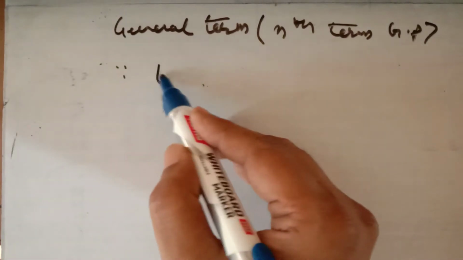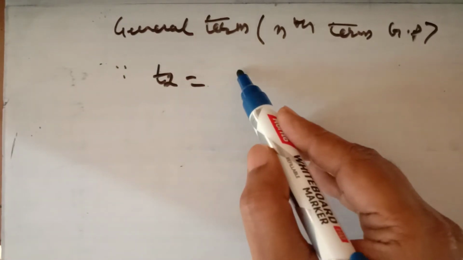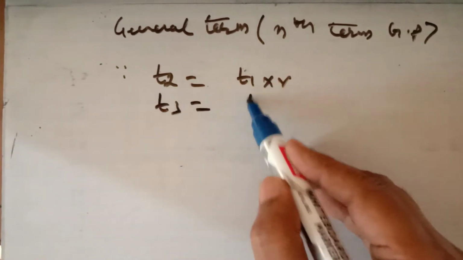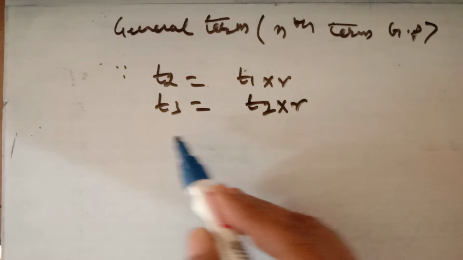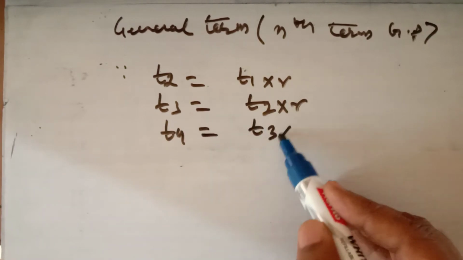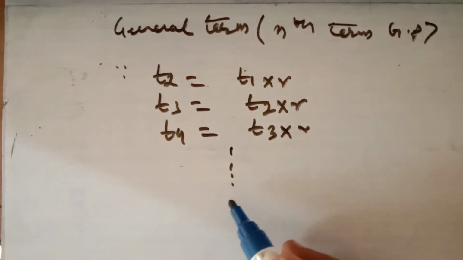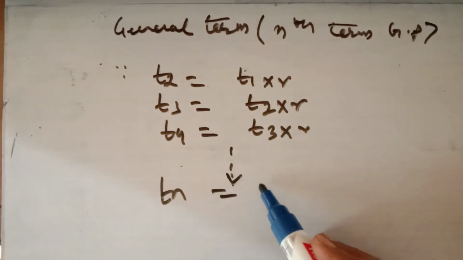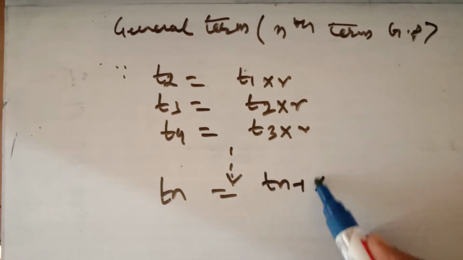Therefore, the second term is equal to the first term multiplied by r, the third term is equal to the second term multiplied by r, the fourth term is equal to the third term multiplied by r, and so on. The nth term will be equal to Tn minus 1 into r.